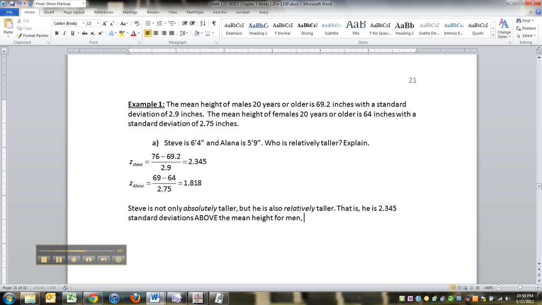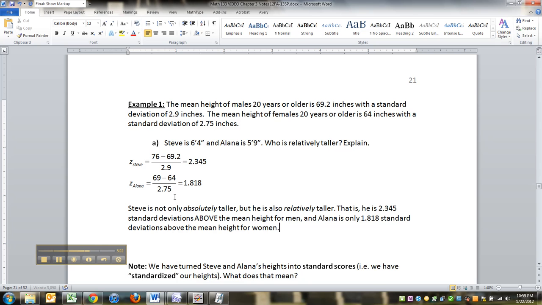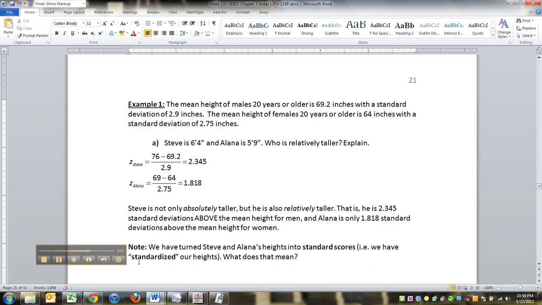And she, Alana, is only 1.818 standard deviations above the mean height for women. In other words, Steve is unusually tall, right? Because he is above 2 standard deviations away.